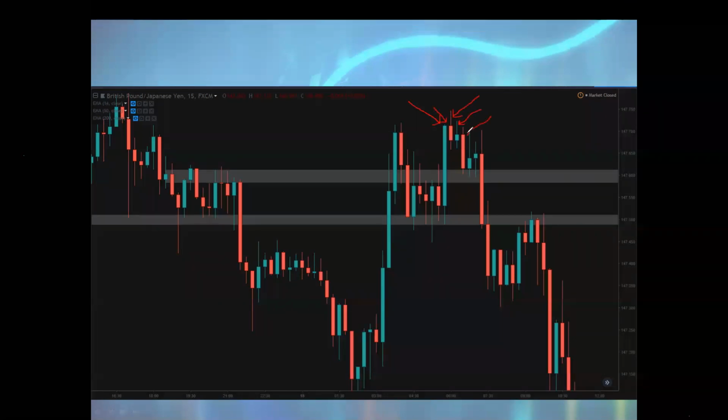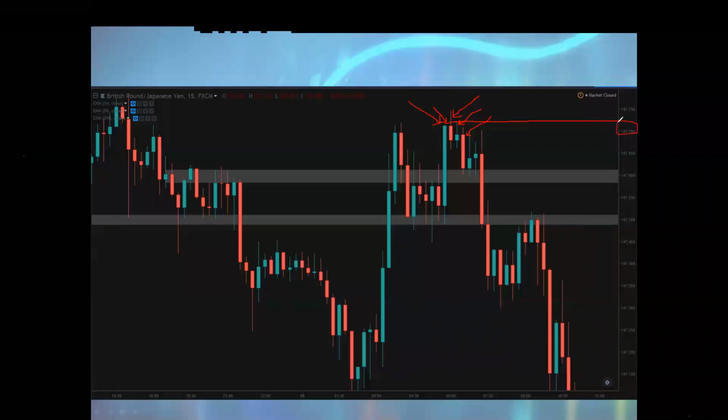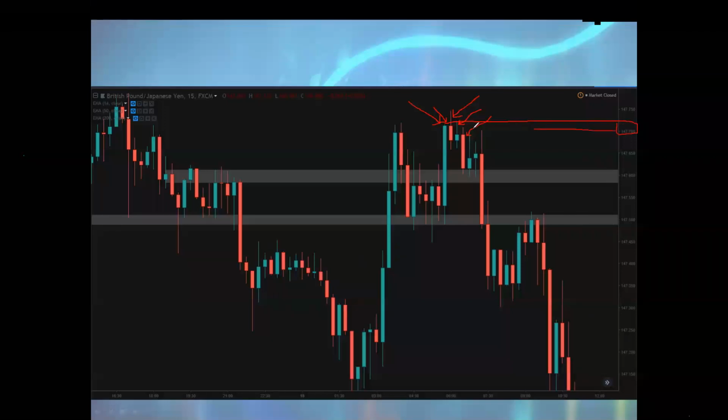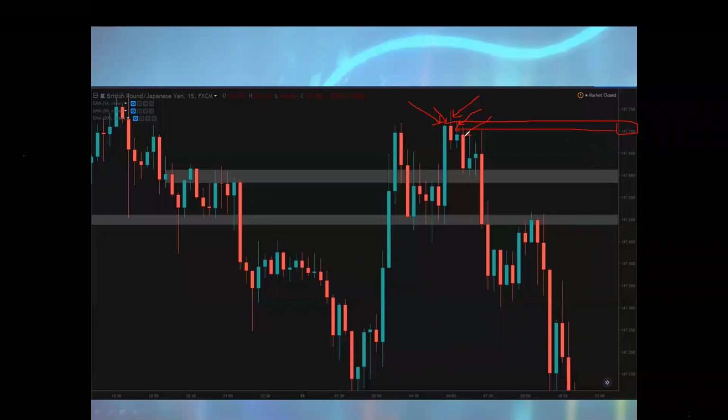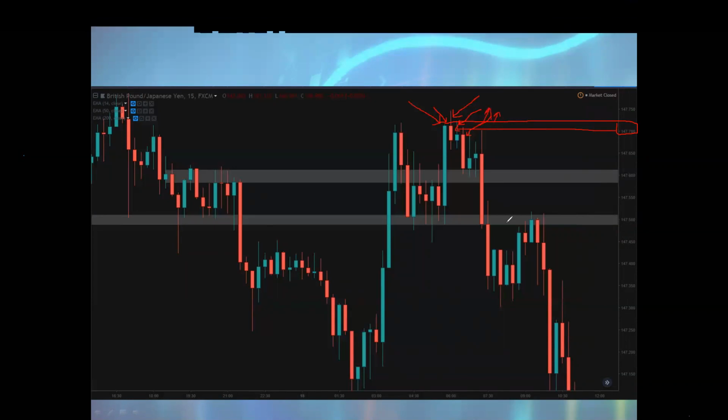And then you had another bearish candle, right? So now what you're thinking is, hey, maybe this price level, 147,700, is important, because now price is not being able to break above it. So when it can't break above, it's probably going to break down.